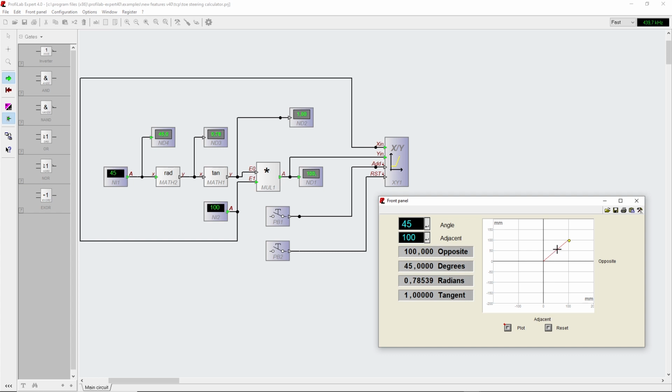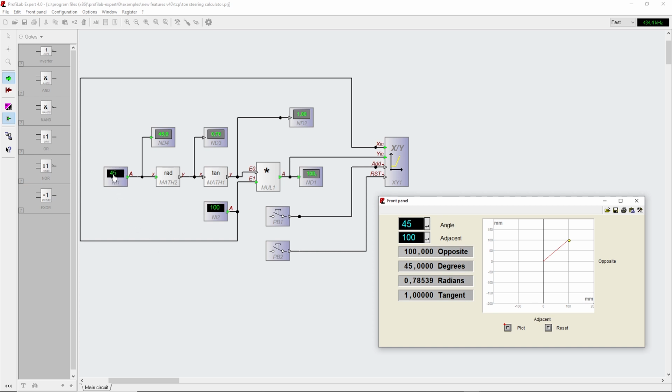The red line is your hypotenuse of your triangle. So your adjacent and your opposite are the same length at 45 degrees. Let's have a quick look at the calculation and how I'm doing that.